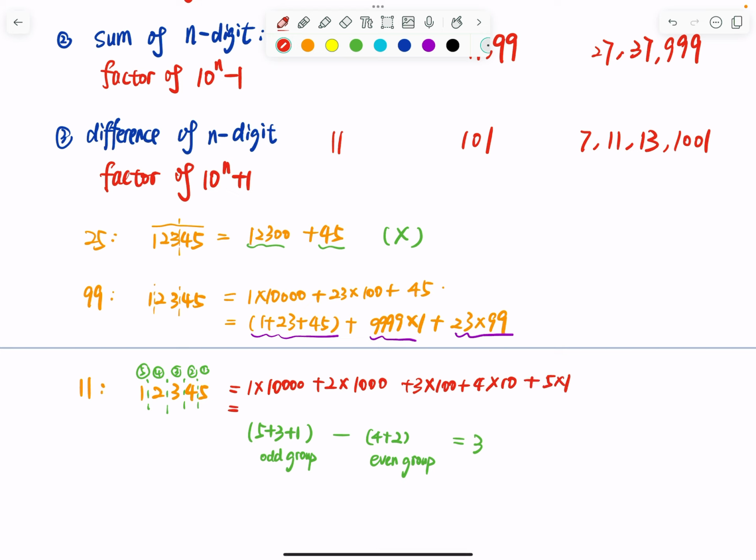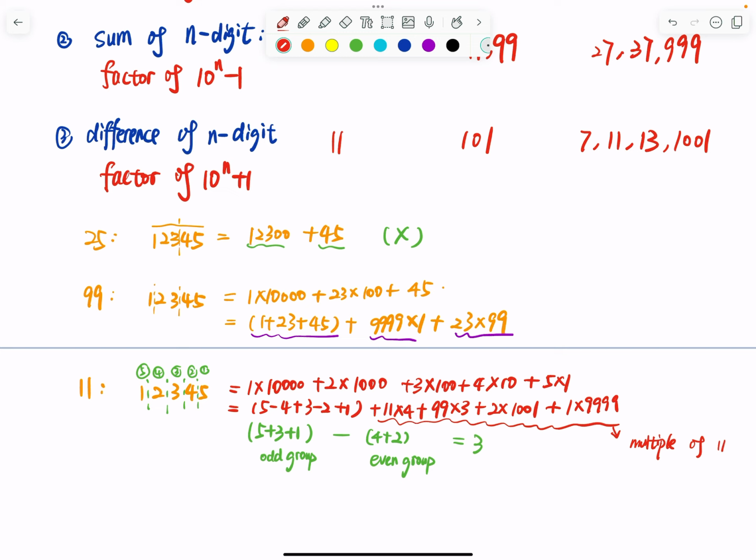Then you can separate it into 5 minus 4 plus 3 minus 2 plus 1, then plus 11 times 4 plus 99 times 3 plus 2 times 1001 plus 1 times 9999. All the remaining parts are multiples of 11. So we just need to determine the first part. If it can exactly divide by 11, then the whole number can exactly divide by 11.